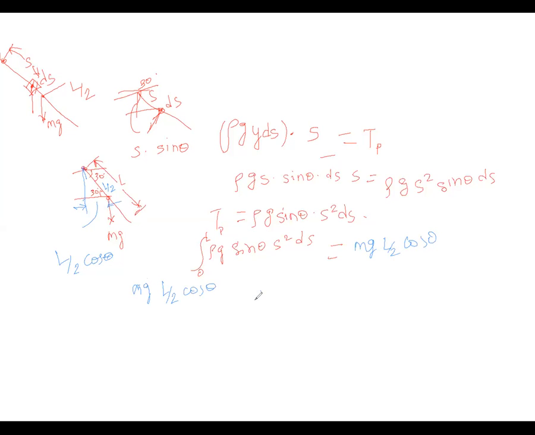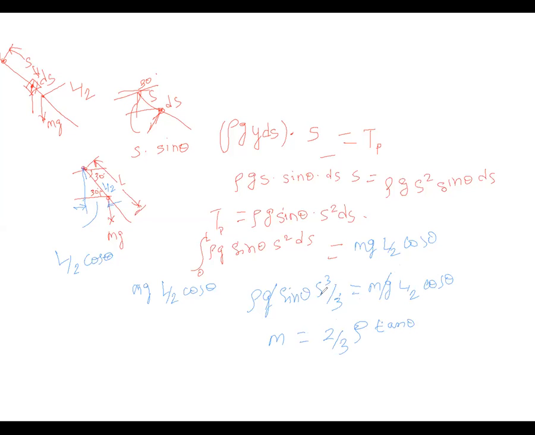If you integrate, you get rho g sine theta S cubed by 3 equal to mg L by 2 cos theta. Here the g will be cancelled. So m equals 2 by 3 rho sine theta divided by cos theta, which gives tan theta.